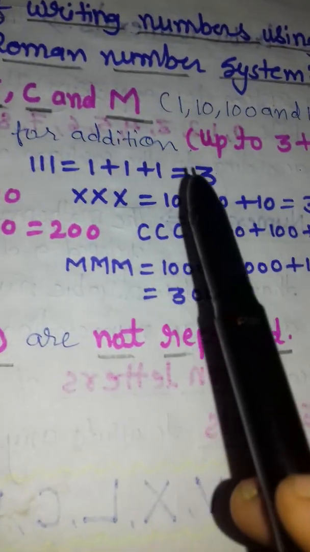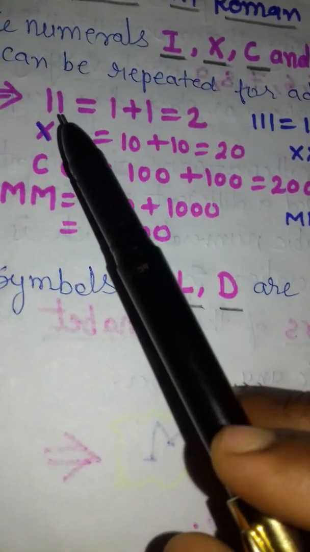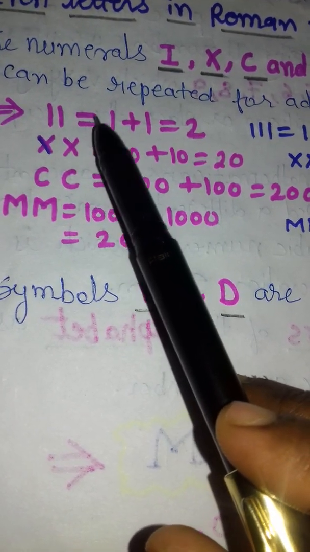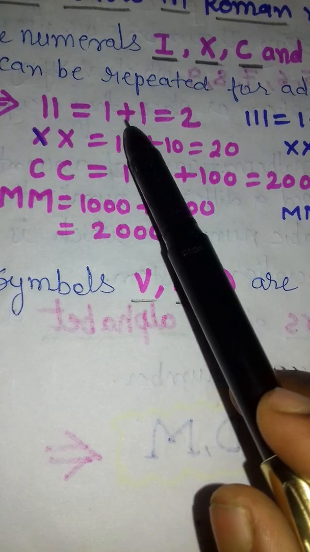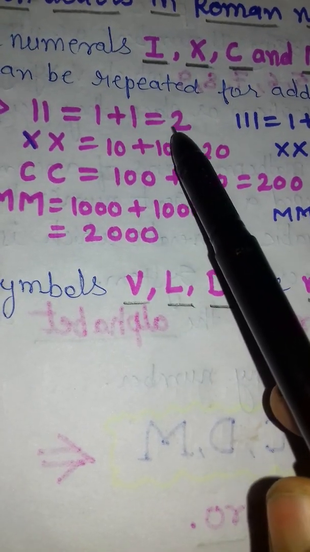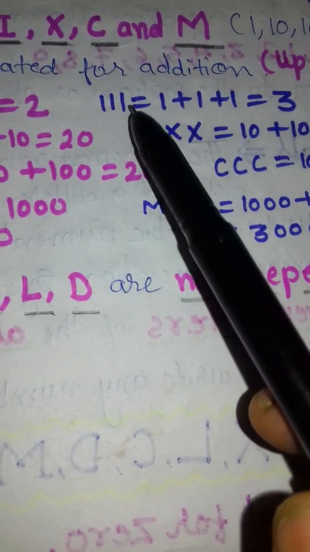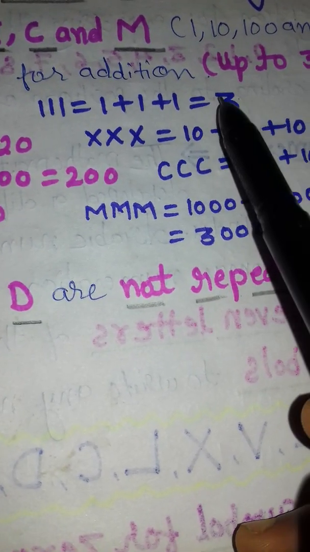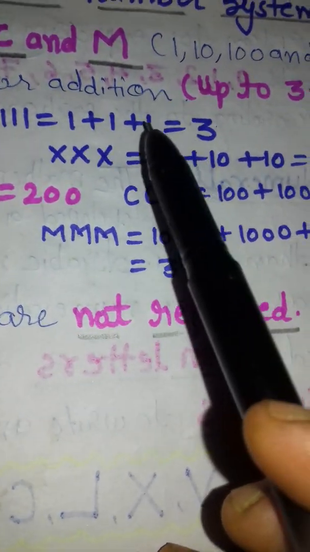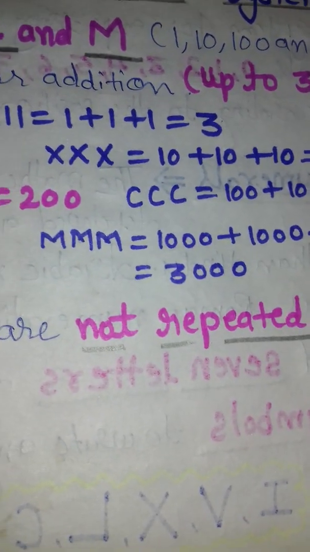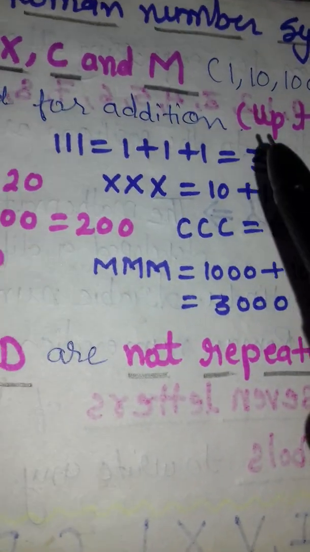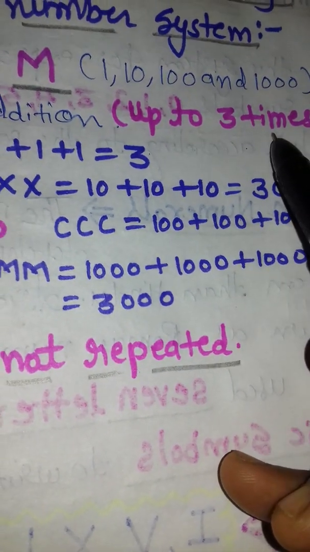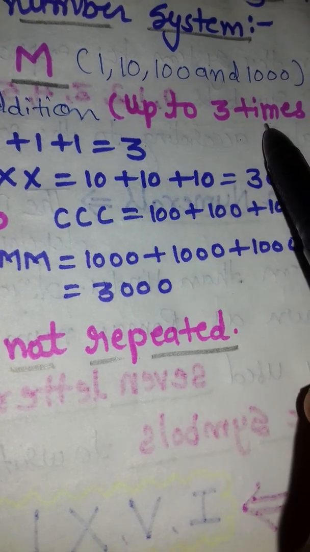Remember it. For example, suppose 2 times I is there. So 2 times I means 1 plus 1, which is 2. If it is 3 times, then 1 plus 1 plus 1 is equal to 3. But we cannot write it 4 times, because the rule says that we can repeat it up to 3 times only. We cannot repeat more than 3 times.